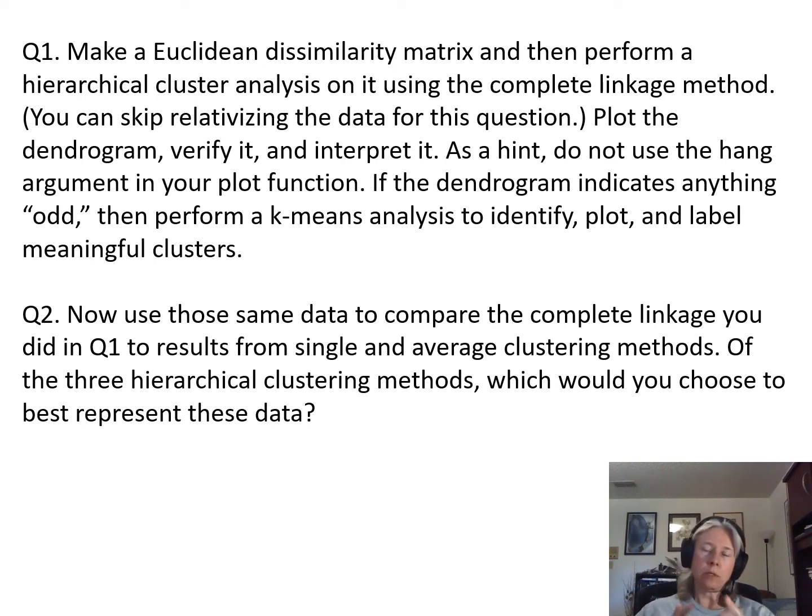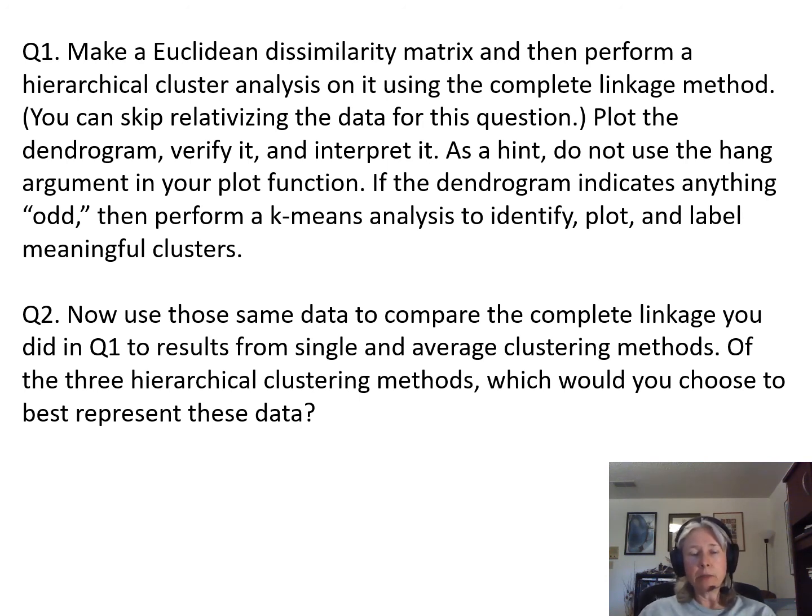In the online notes, I talk about how you should relativize data before you do a cluster analysis, but you can skip it for this question. Then you're going to produce a dendrogram, verify it, and interpret what it means.